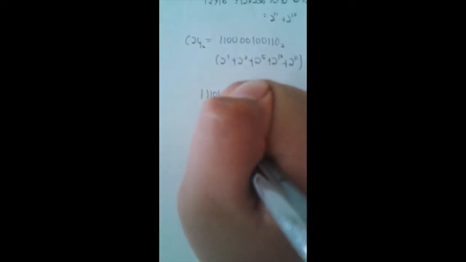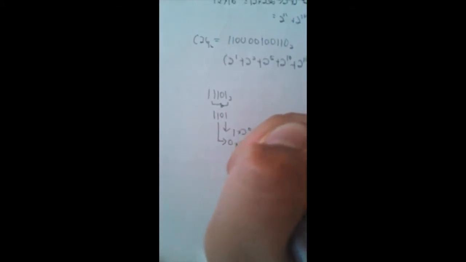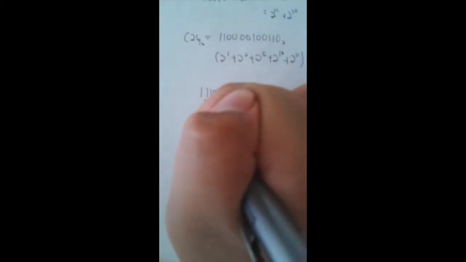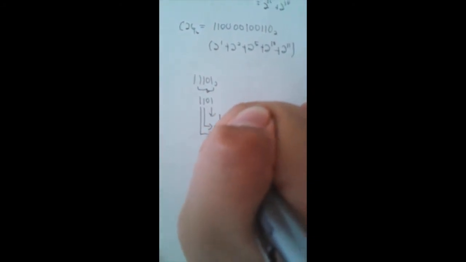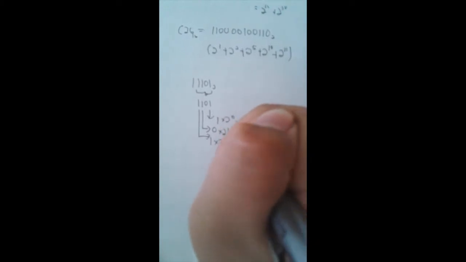The first digit, 1, will be 1 times 2 to the power of 0, which is 1. The next digit, 0, will be 0 times 2 to the power of 1, which is 0. The third digit, 1, will be 1 times 2 to the power of 2, which equals 4.